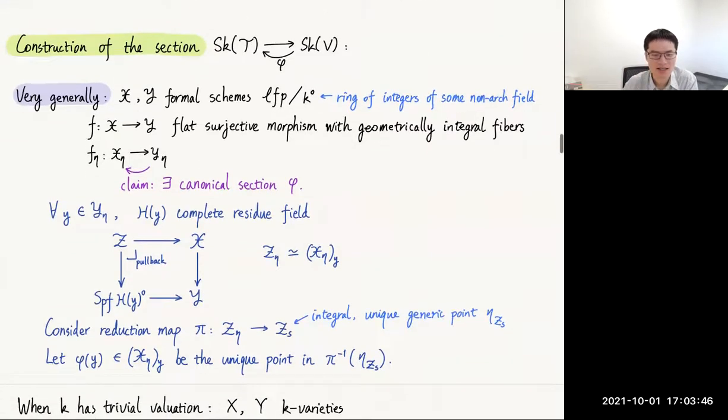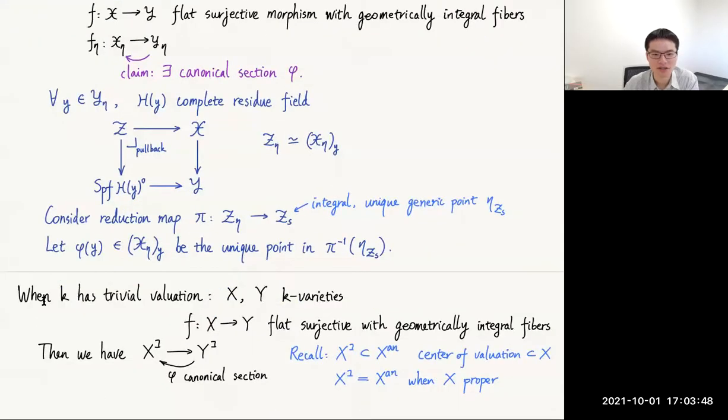Let's see the case when K has a trivial valuation, which is the context we are in, and we have X, Y, K-varieties, and some map f, flat surjective with geometrically integral fibers.